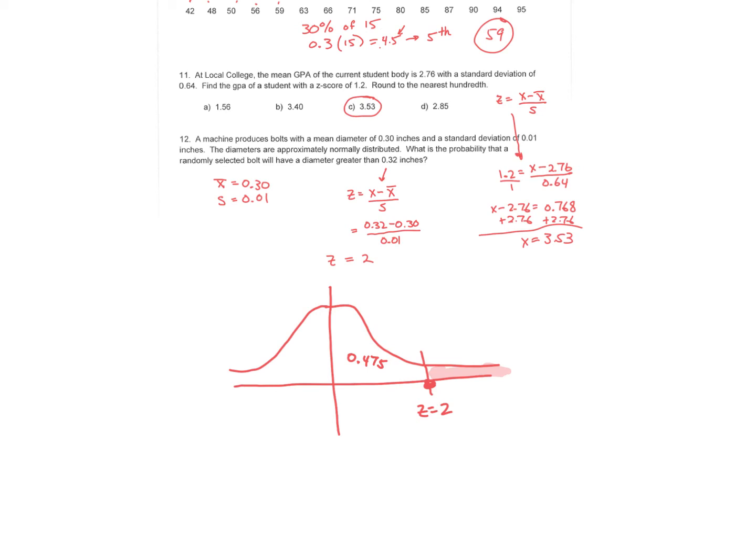Then we know that the area of an entire half of the curve is exactly 0.5, because it's half of the whole area under the normal curve, which is 1. So we can do our calculation as 0.5 minus 0.475.